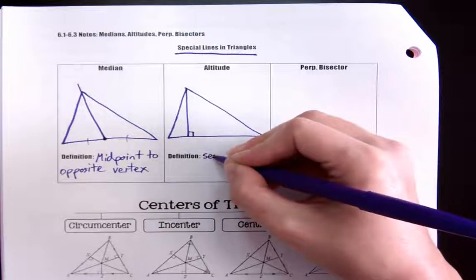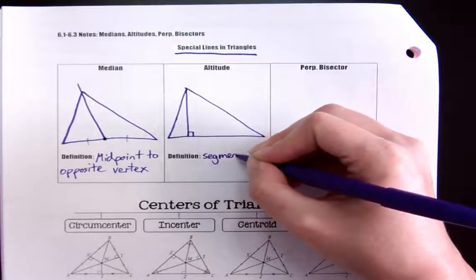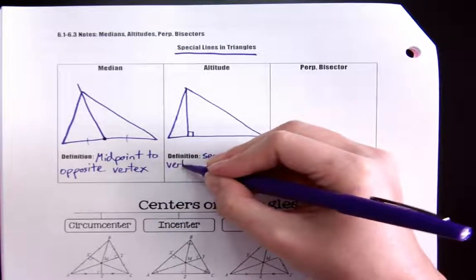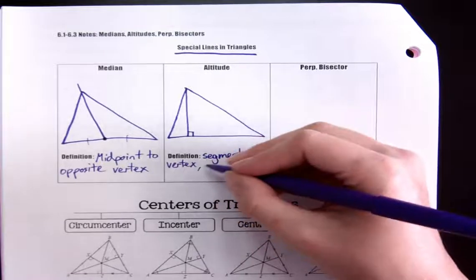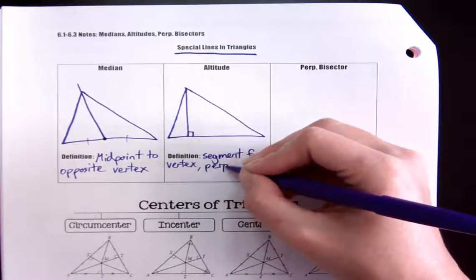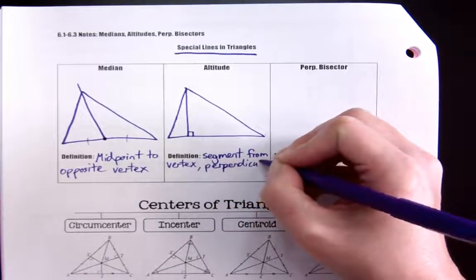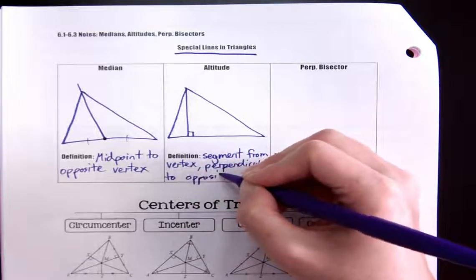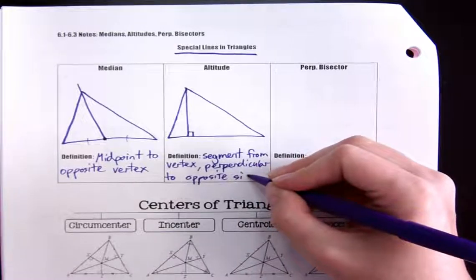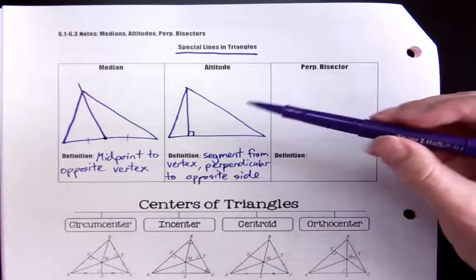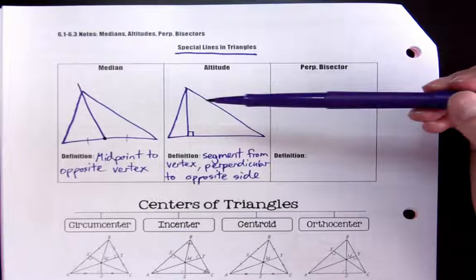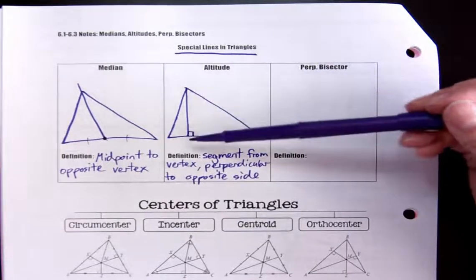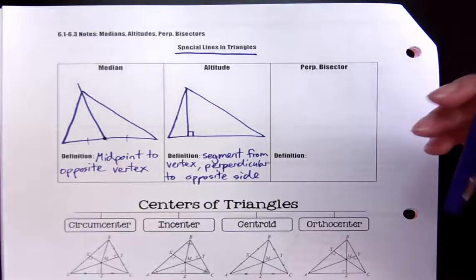So it's a segment from the vertex and it's perpendicular to the opposite side. So do you see the difference between these first two lines? How the median slants to where the midpoint is, while altitude just goes straight down to its perpendicular.